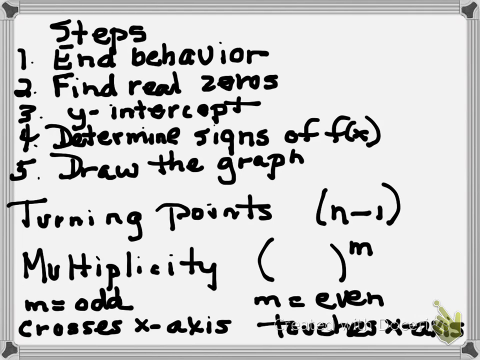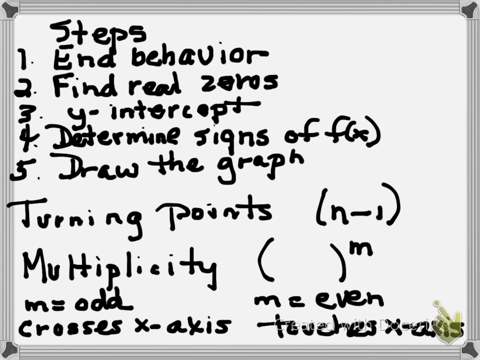We're going to determine the signs of f of x, which is going to determine the turning points. And if we have f of x equals a x to the n power, we're going to have n minus 1 turning points.